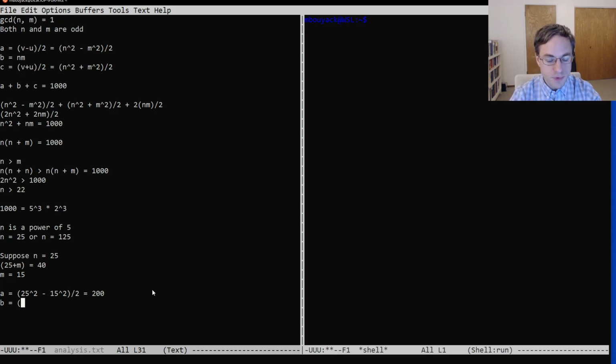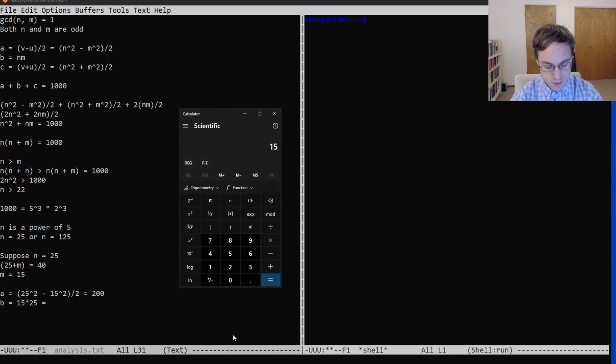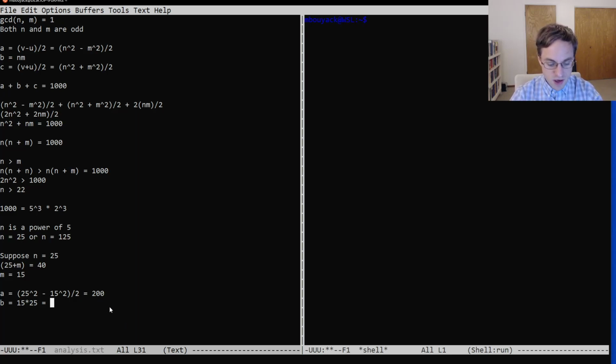And so again, from our equations here at the top, you'll see b is equal to just the product of n and m. So that's just going to be 15 times 25, which gives us 375.